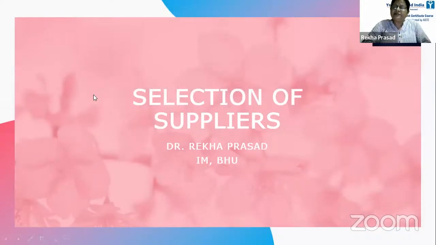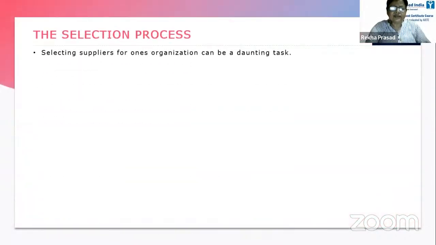So bidding comes in that. Selection of suppliers. The selection process. Selecting suppliers for one's organization can be a daunting task. It's not an easy thing. Because see, this is the place where you are starting. If this is wrong, everything will be wrong.